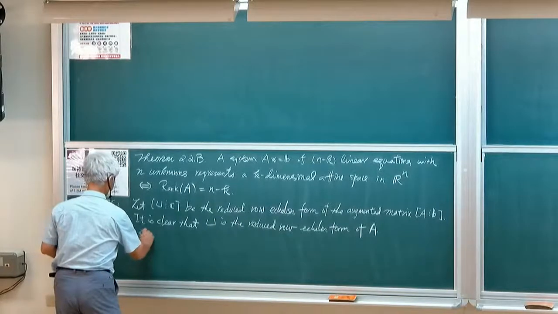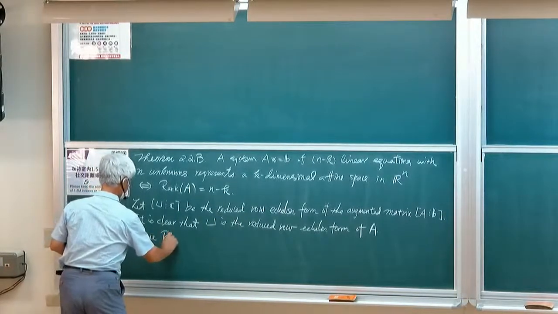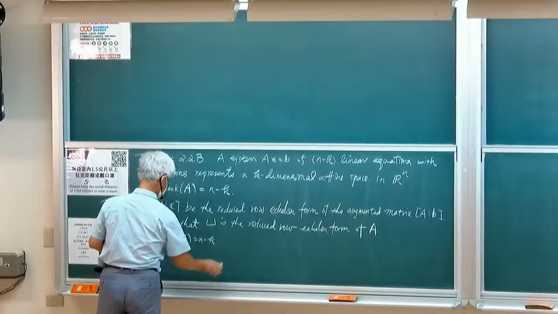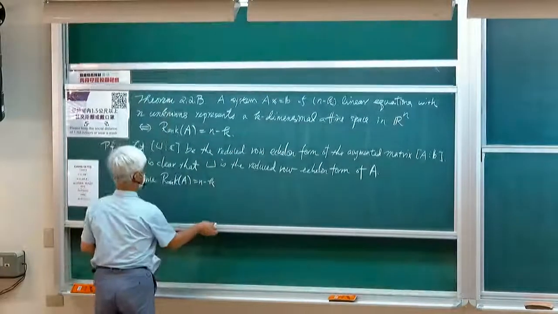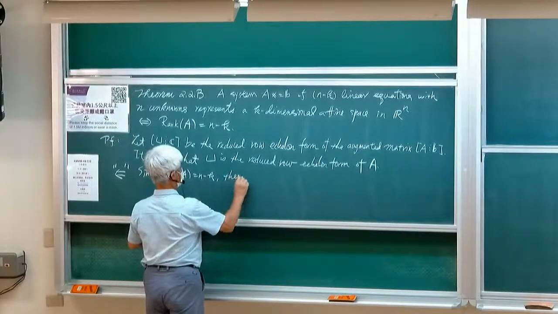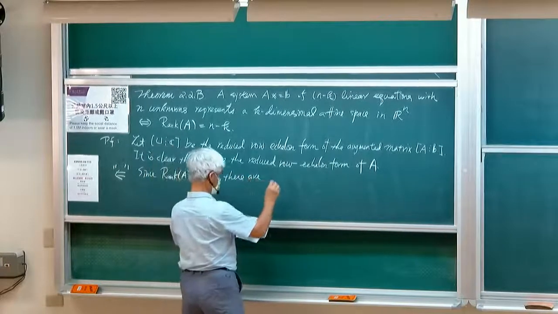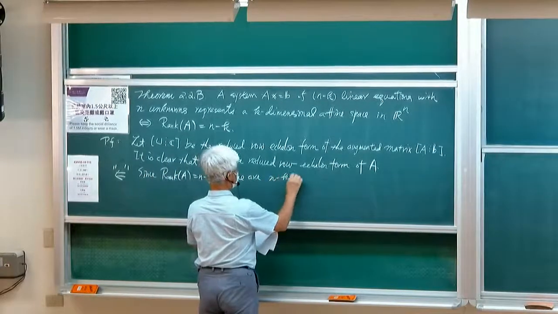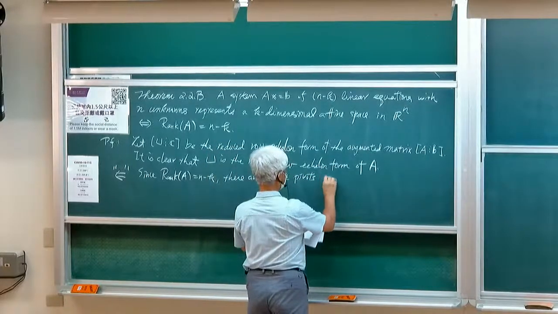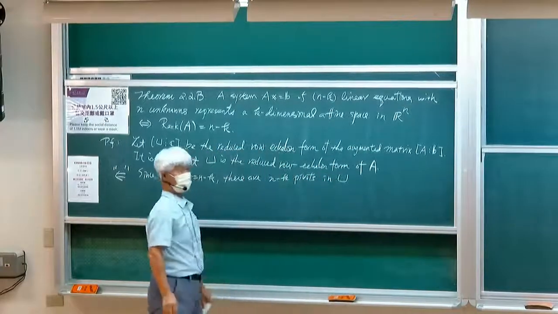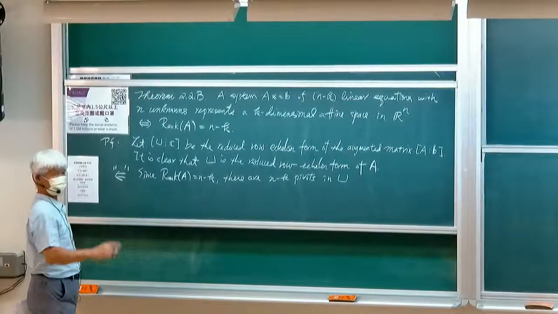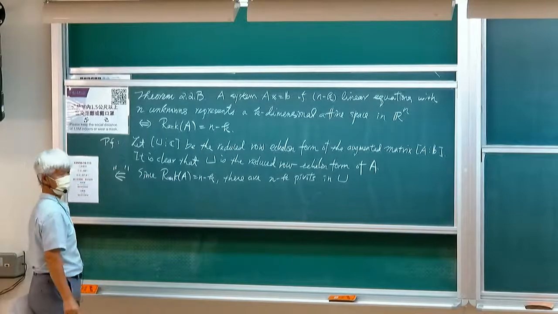Now, since the rank of A is n minus k, there are n minus k pivots in the reduced row echelon form of A.